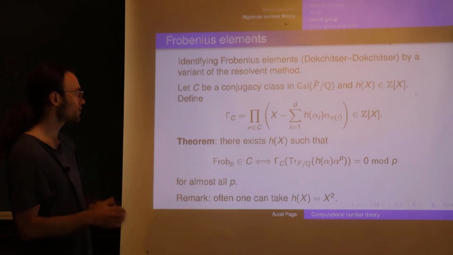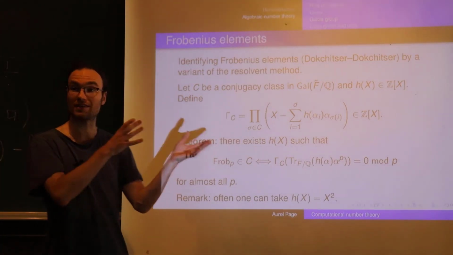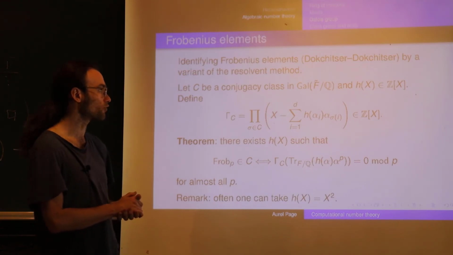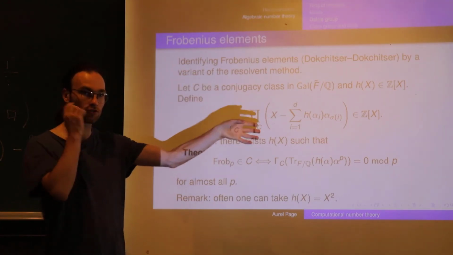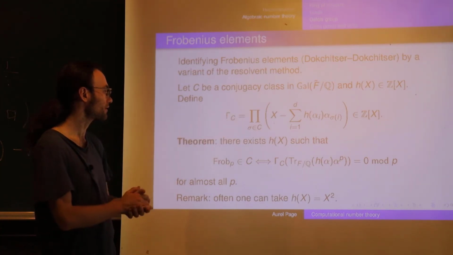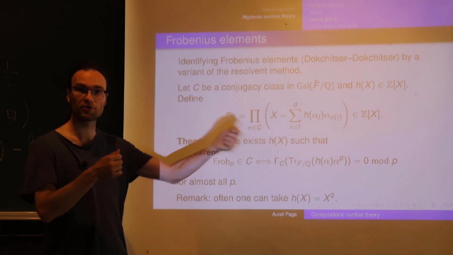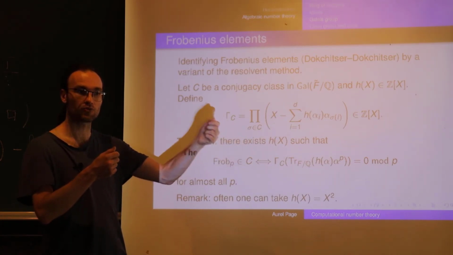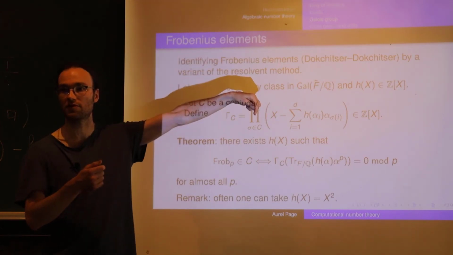So Frobenius elements, there are conjugacy classes in the Galois group. So what you're going to do is, for each conjugacy class, you're going to construct a polynomial, and evaluating those polynomials at certain well-chosen elements will tell you in which conjugacy class the Frobenius element lies.